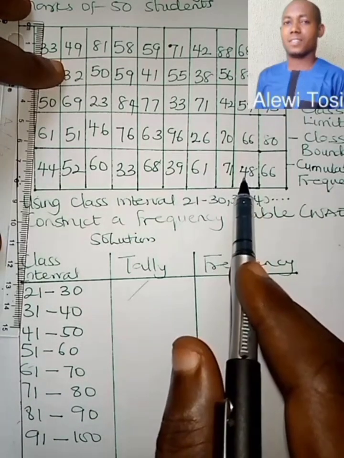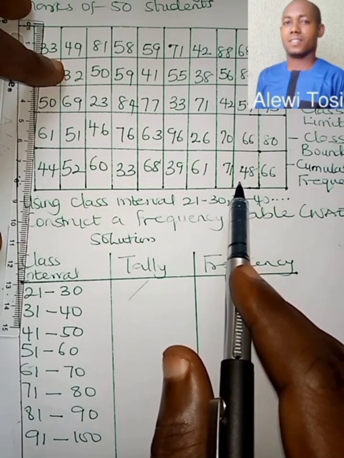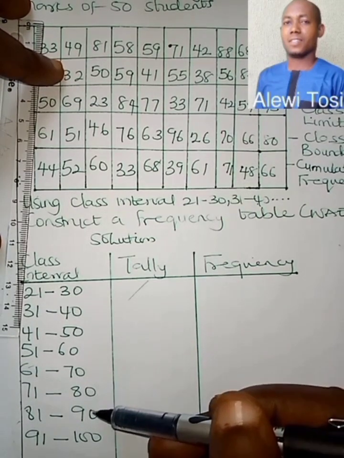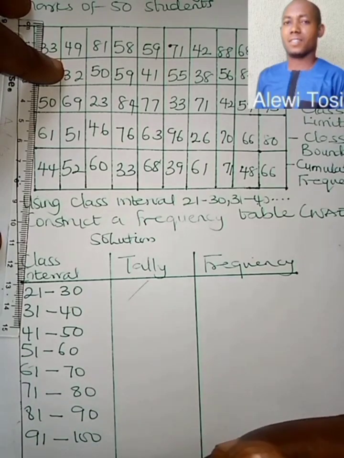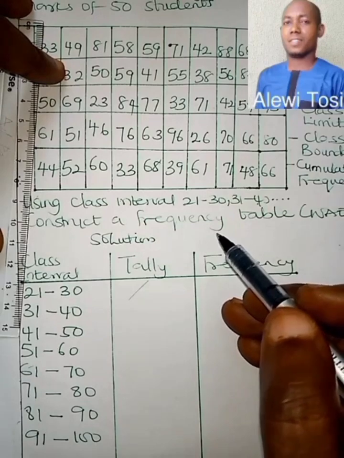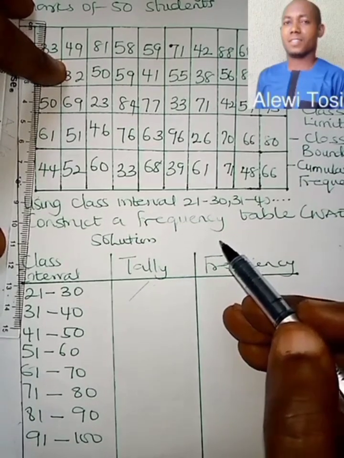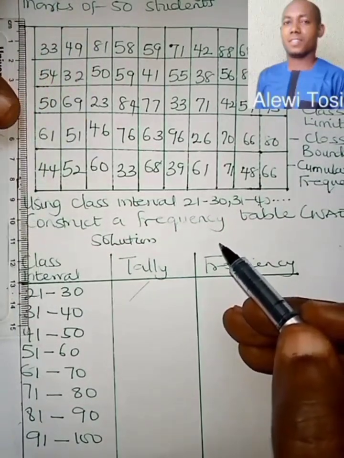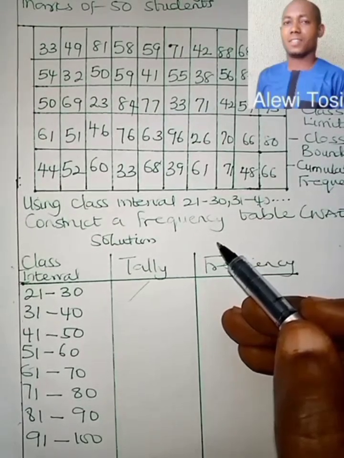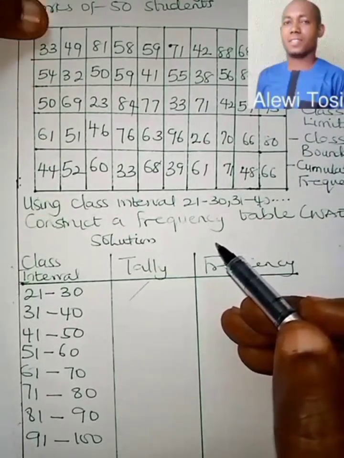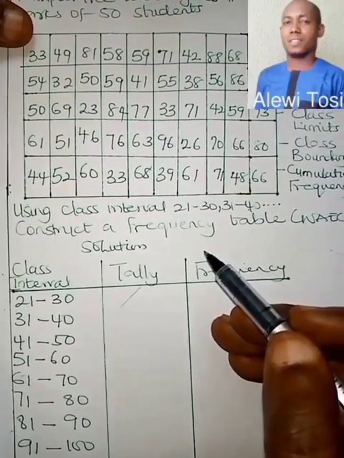If the biggest number is 70 something, you will stop at 80. If the biggest number is 80 something, you stop at 90. And some questions will not give you your class intervals. You will be the one to decide and plan what your class interval is. Get a suitable class interval for yourself. Some questions may warrant that. Now let's proceed.